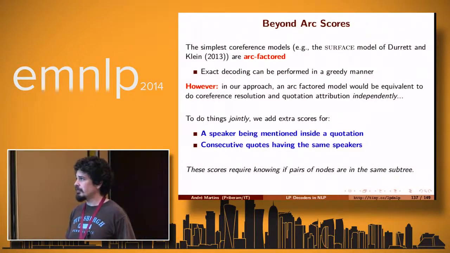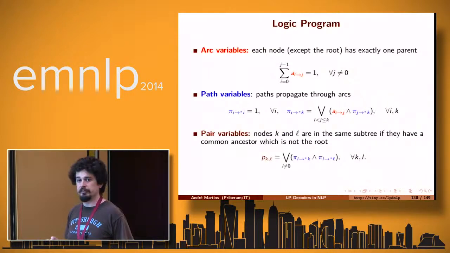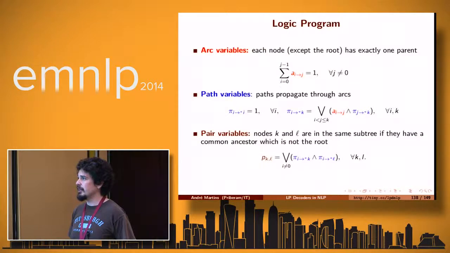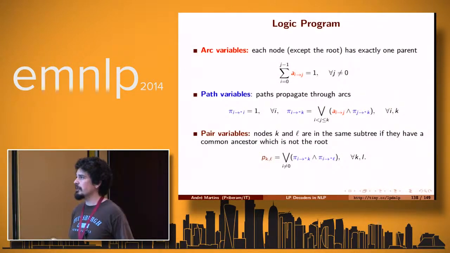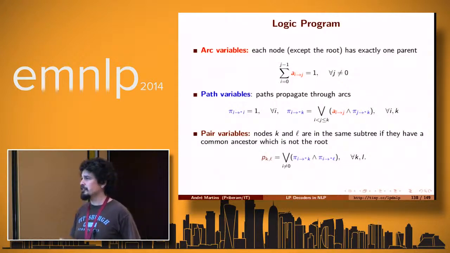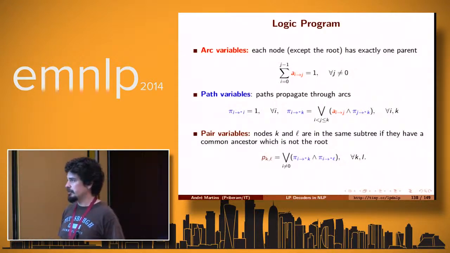So to do that, we're going to write down a logic program. We're going to have arc variables that denote that between two nodes in the tree there is a relation like parent to child. And we constrain that each node j needs to have a unique parent, okay? Unless it's the root. We're also going to have some path variables that we denote by pi of i to k that tell us that k is a descendant of i in the tree, okay?